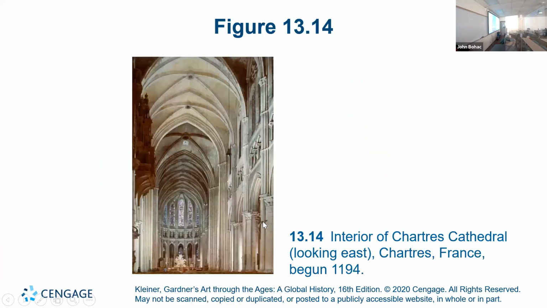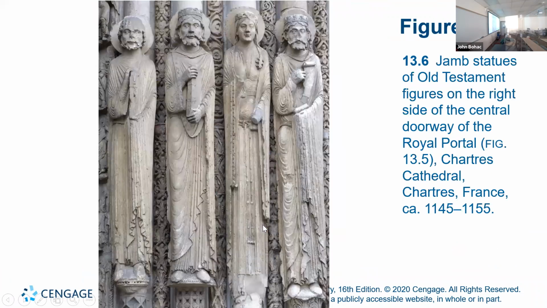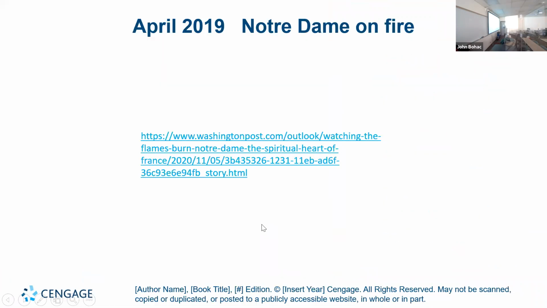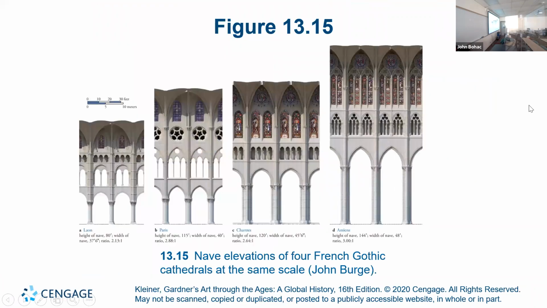I want to show you this too. There's a little chart that's in the book. There it is. Nave elevations of 4 Gothic cathedrals at the same scale.